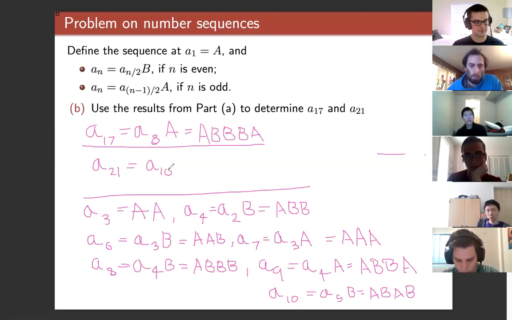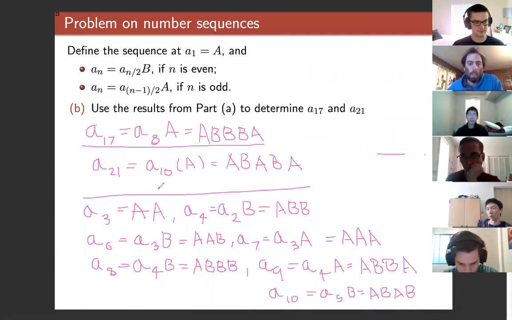Mm-hmm. A10 is AB multiplied by A, so it ends up being ABA. All right, thank you. ABAB A. And that's right, A10 was ABAB, and then we just tack on an A because 21 is odd.